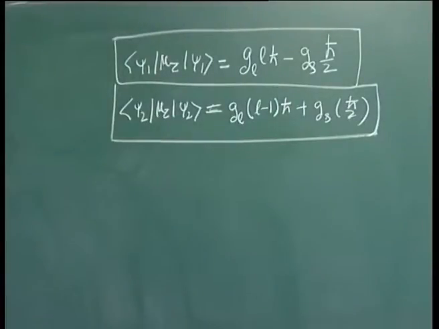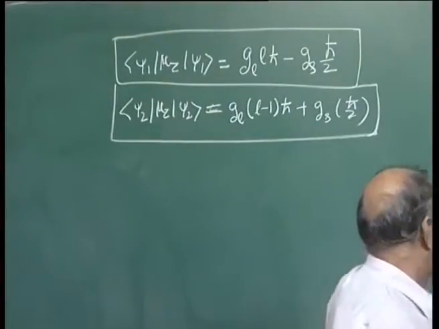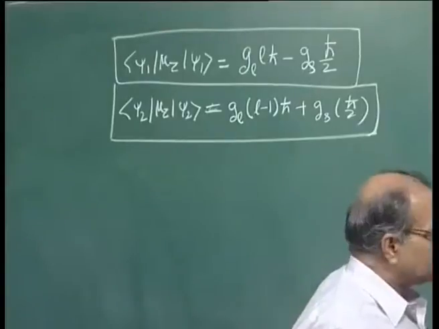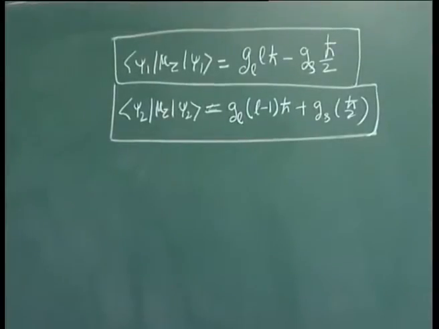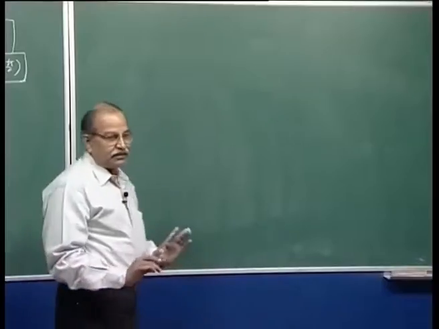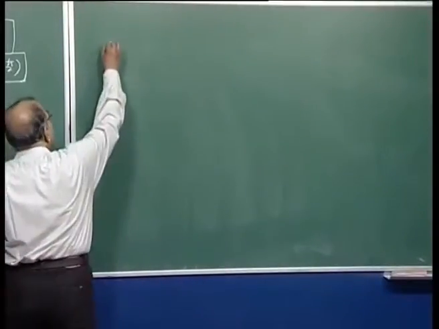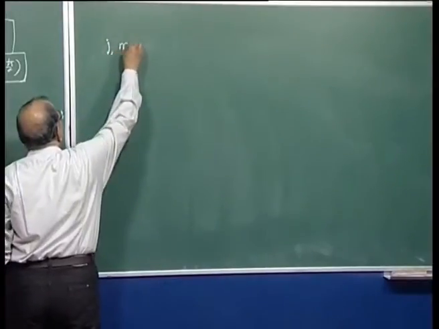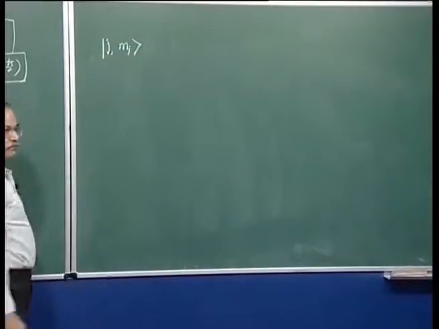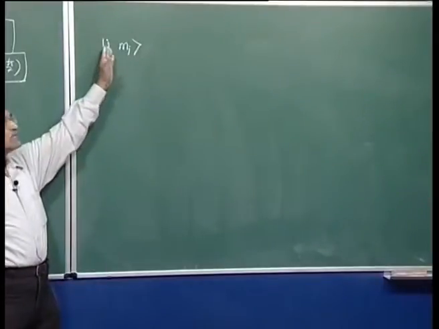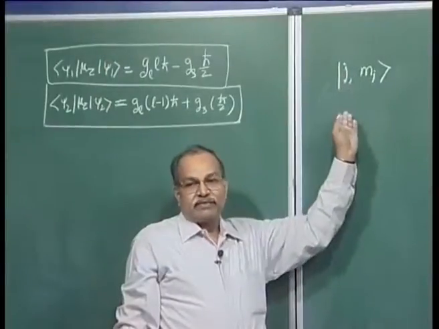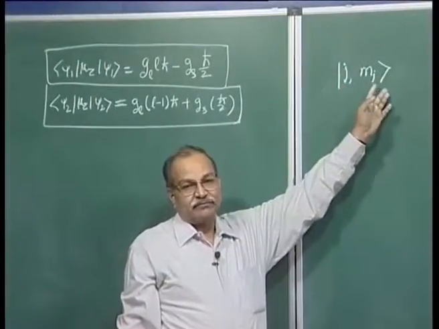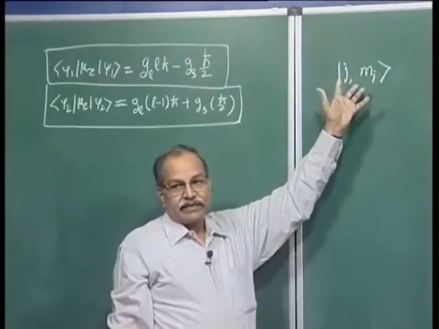If you have any kind of angular momentum given by the quantum number j, you have these states j m j, where m j can take values from plus j to minus j in steps of 1.